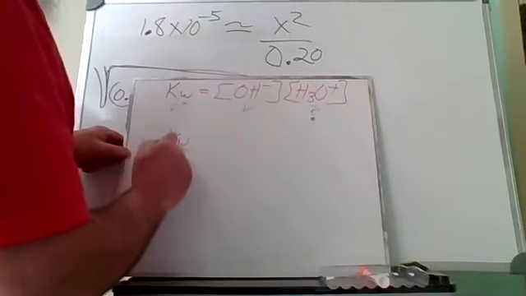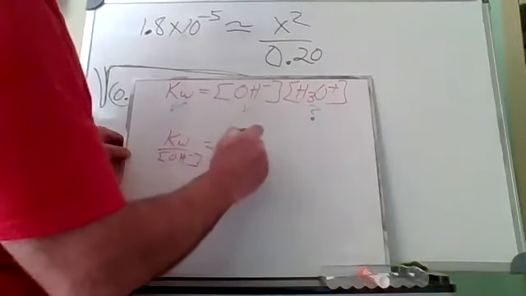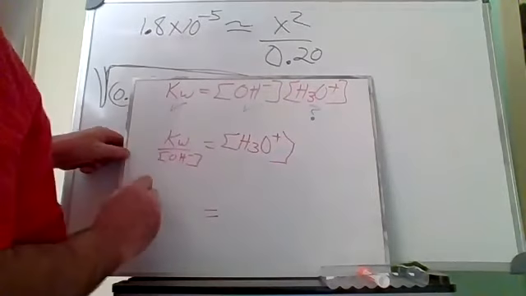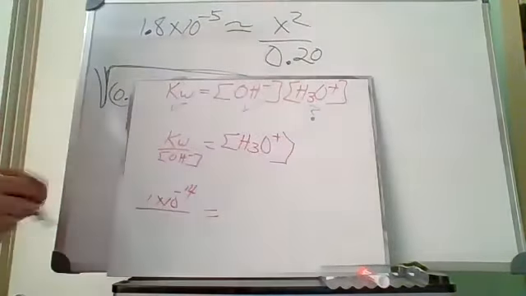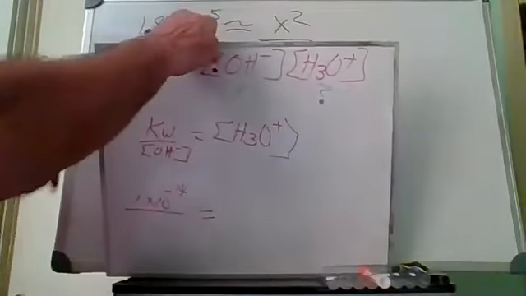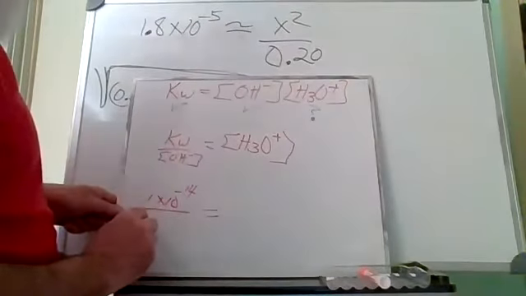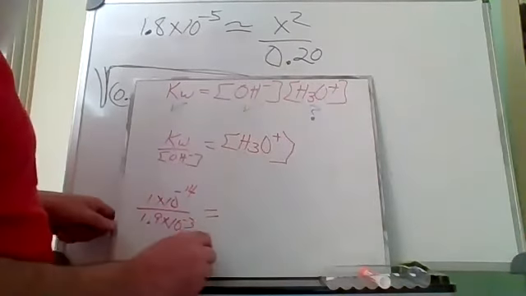Kw divided by hydroxide concentration is equal to hydronium concentration. And that's equal to 1 times 10 to the negative 14 divided by the hydroxide ion concentration, which we just calculated is 1.9 times 10 to the negative third.